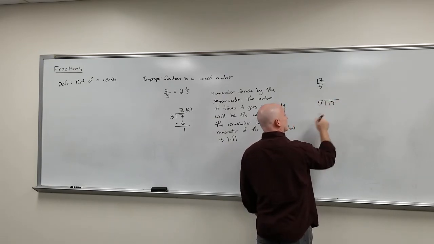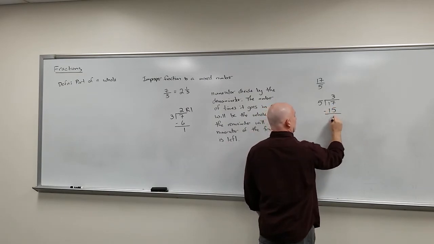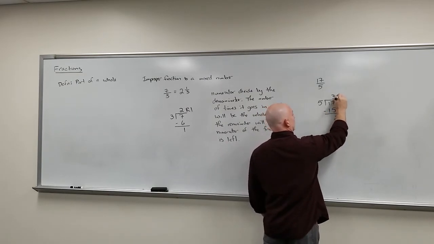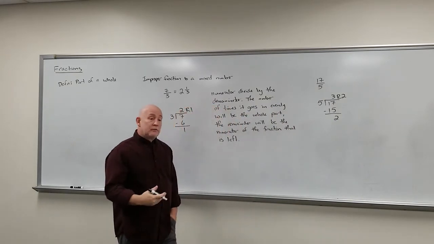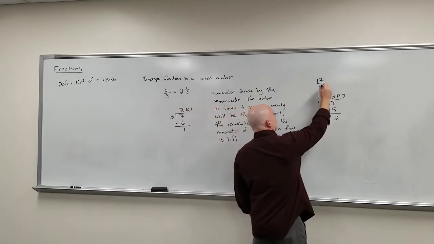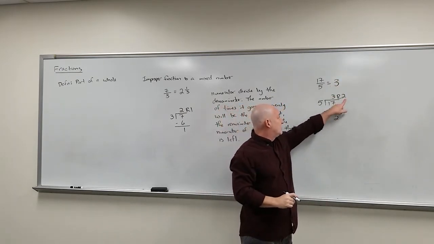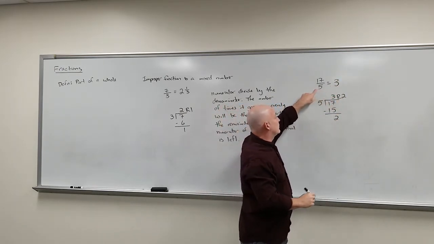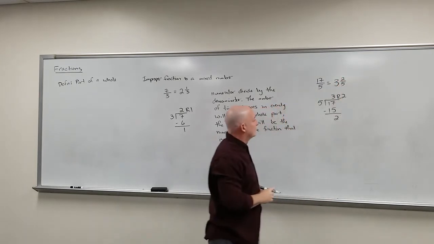Well, the most times it can go into 17 is 3 times. That would give me 15. And when we subtract, you see we have a remainder of 2. So since it went in 3 times evenly, we can say that the whole number is 3. But we have 2 left over. Since these things are fifths, we still have 2/5.